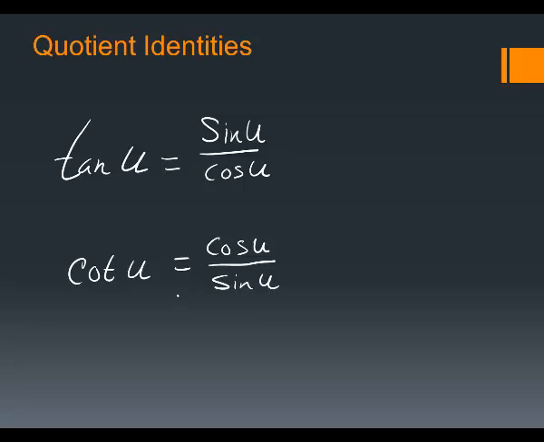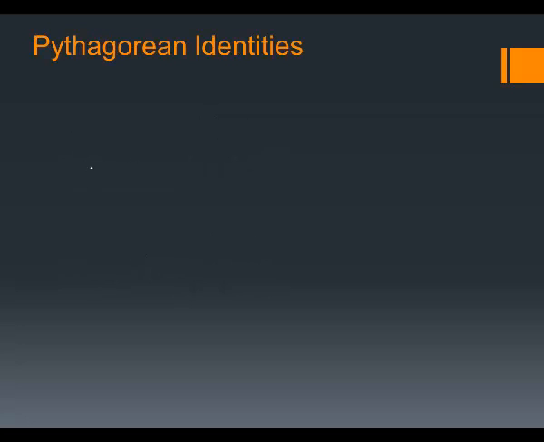We also have the Pythagorean identities, and we've seen these before. This is sine squared U plus cosine squared U equals 1. We can also rewrite these by subtracting over, so other ones that you might have seen are that cosine squared U equals 1 minus sine squared U, and vice versa. So this can be manipulated into other situations, but I'll leave it at that.